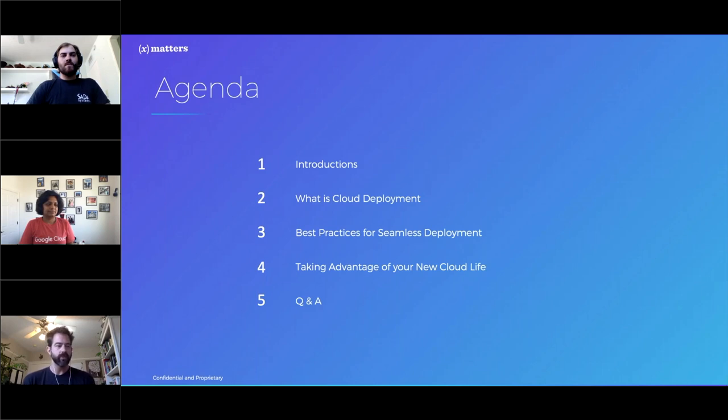Currently, what teams are using, the various people that the three of us interact with. And then finally, we'll wrap up with taking advantage of your new cloud life. So what does it look like in production? What do you do from there? And then finally wrap up with Q&A. So keep those questions ready. We'll get to them at the end.